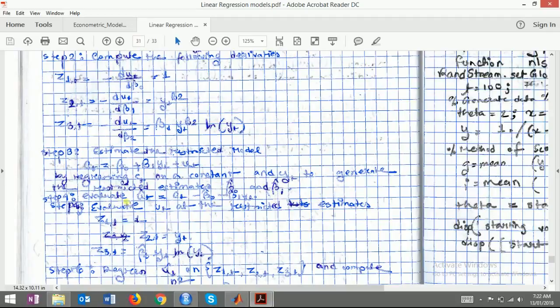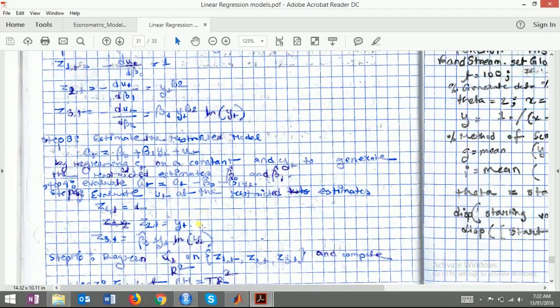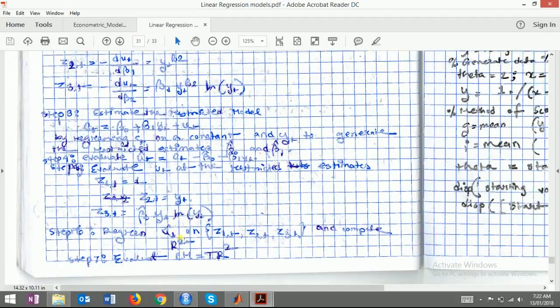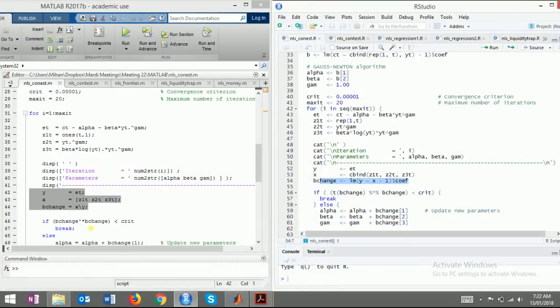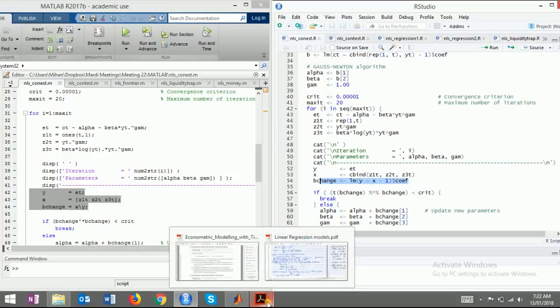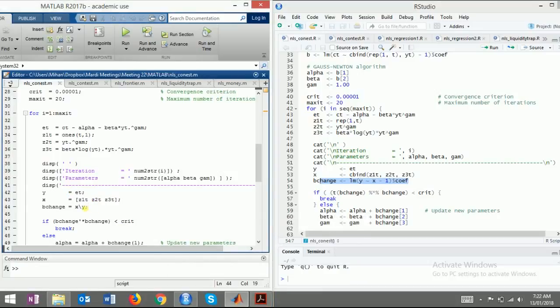Evaluate ut, the residual. Then evaluate ut at the restricted estimates z1t, z2t and z3t, and regress ut on z1t, z2t and z3t. So what I'm doing is I'm evaluating yt and I'm regressing CT, instead of CT it is y. I'm regressing CT on a constant.